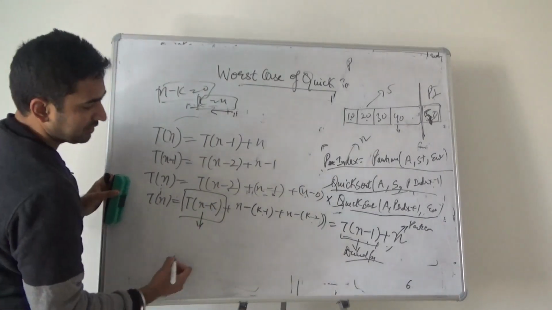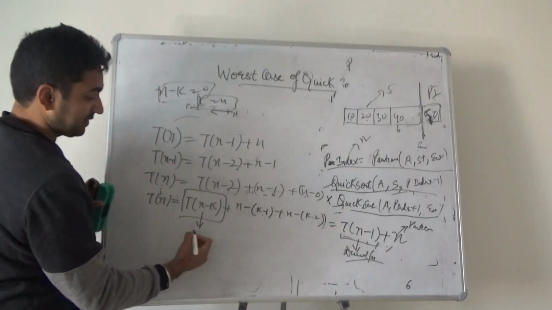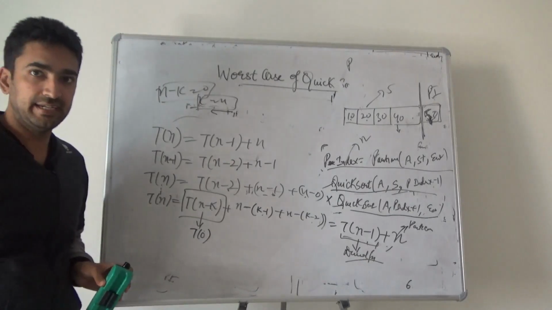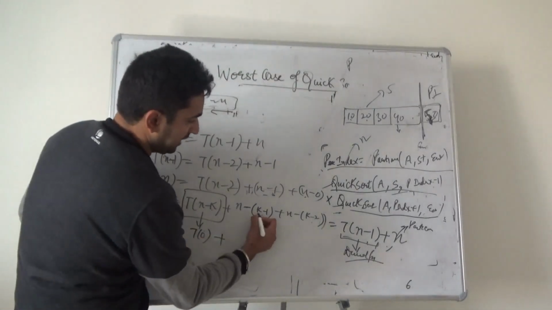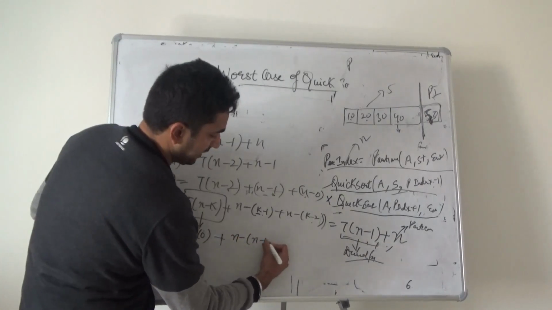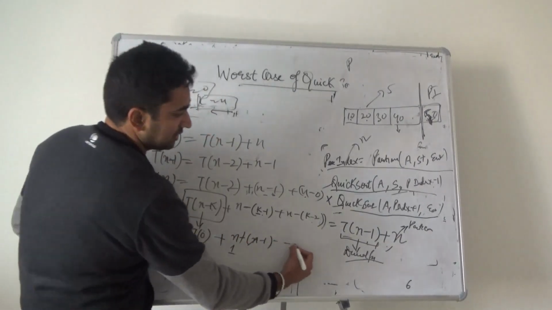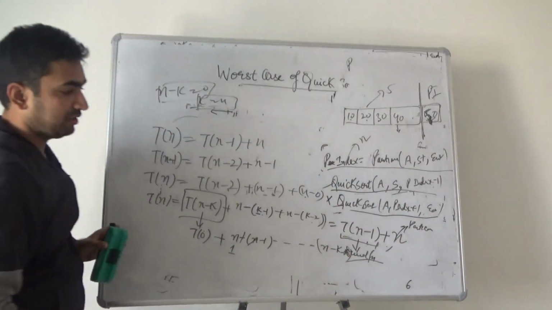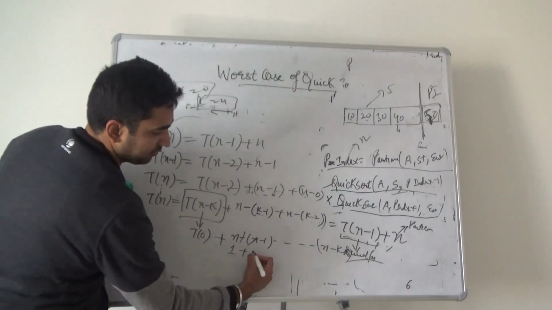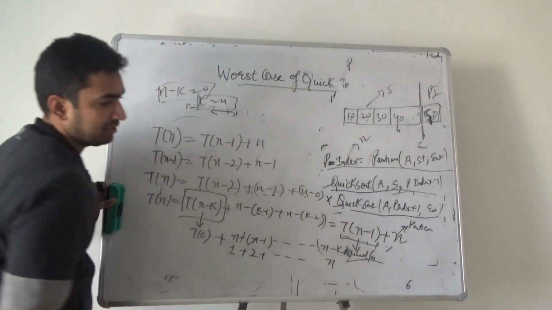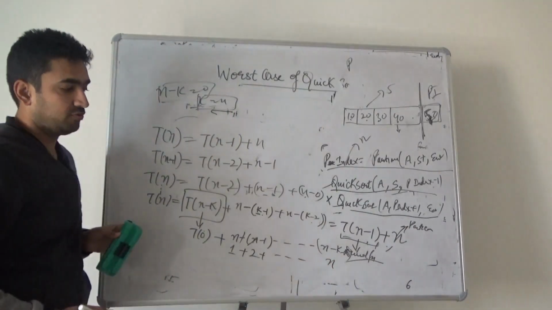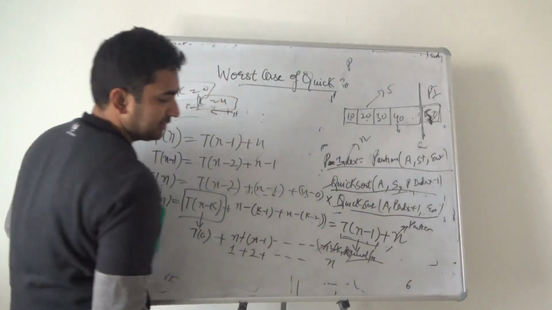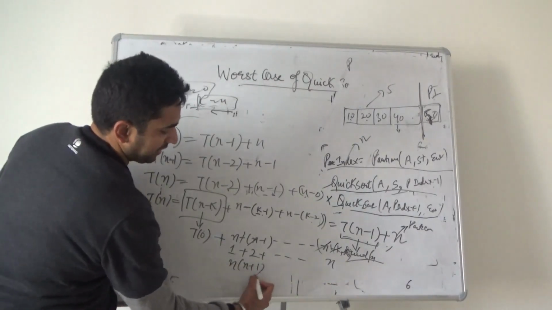So if this is running till k times, T of 0 I can easily write, and the sum becomes 1 plus 2 up to n. So n minus k will be cancelled, and the result is n times n plus 1 divided by 2.